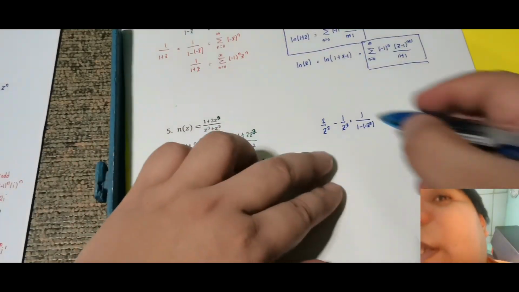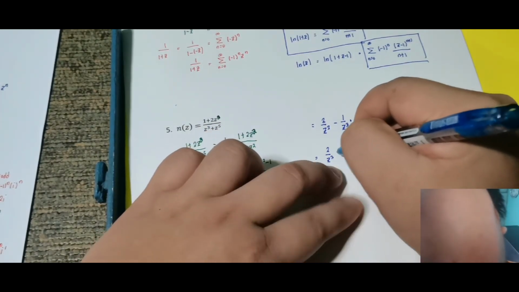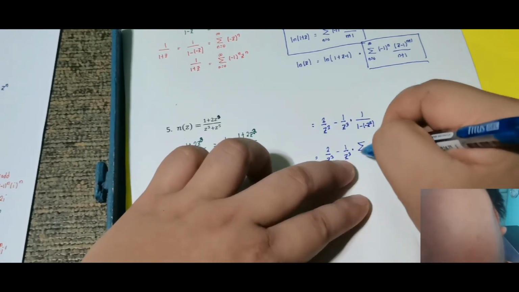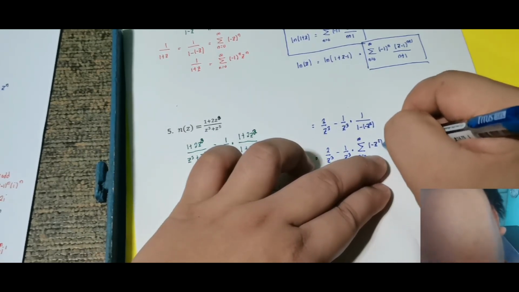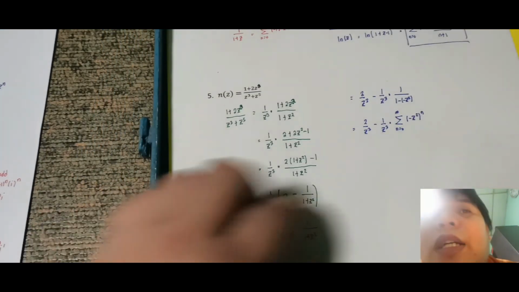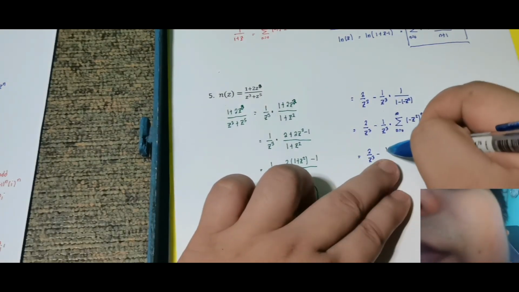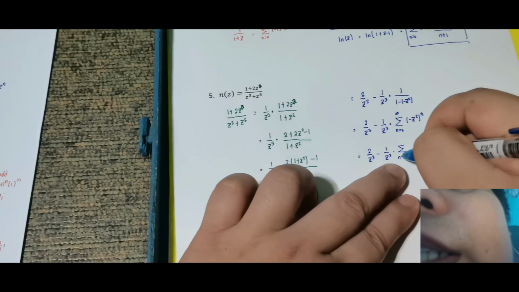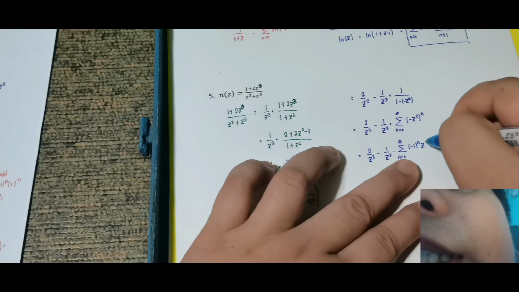Okay, then, this is equivalent or equal sa 2 over z cube minus 1 over z cube multiplied by summation for n is equal to 0 up to infinity ng negative z squared raised sa n. So, obviously siya ay equal sa 2 over z cube minus 1 over z cube multiplied by summation for n is equal to 0 up to infinity ng negative 1 raised to n tapos z raised sa 2n.